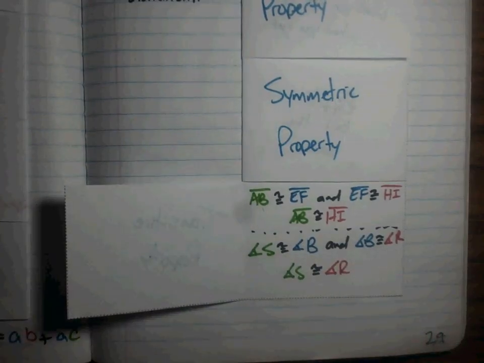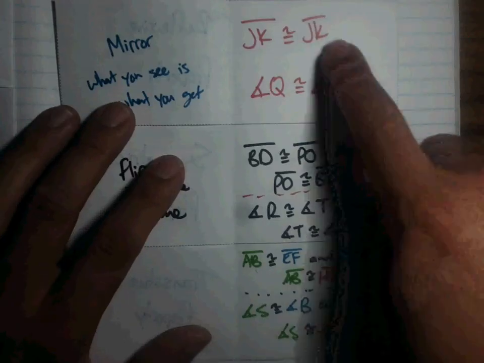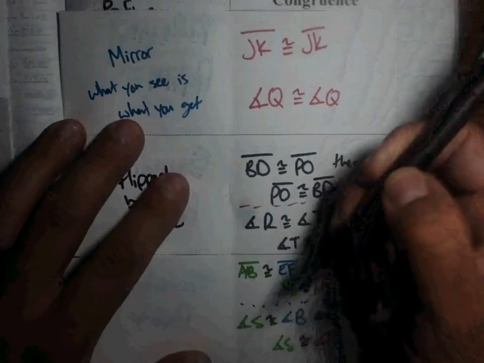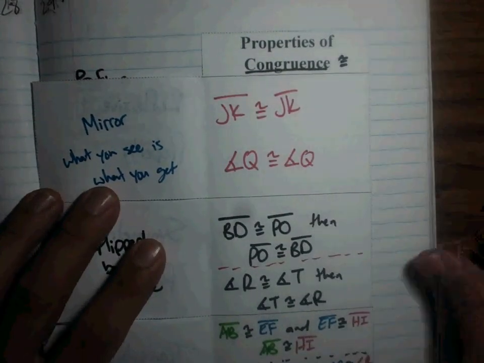Those are the properties of congruence. As you can see, all of them have the congruent symbol, because they're properties of congruence like we have up here. So they all have to be congruent. And this has to do with geometry.